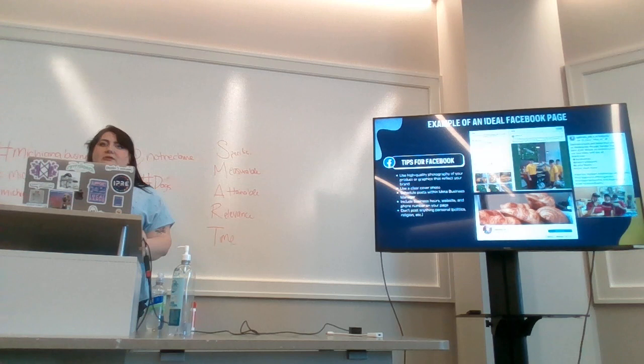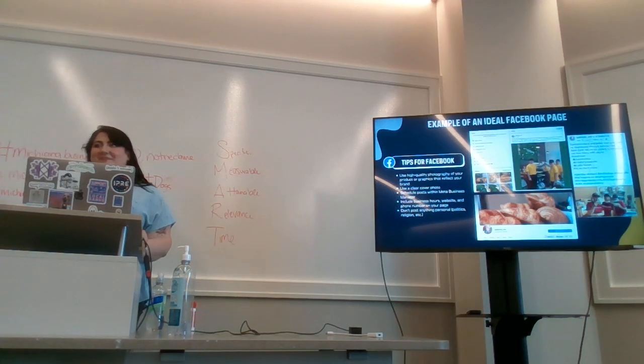It sends a message to your clients that I don't really care about how things look. Any smartphone camera now has good camera quality. If you don't have a phone like that, ask your kids or your friends to borrow theirs. Or if you know somebody who would be willing to donate their photography services, ask them. The worst thing that they can do is say no.